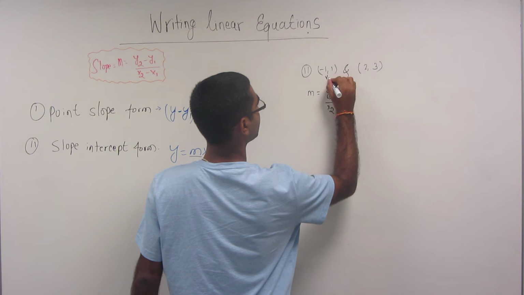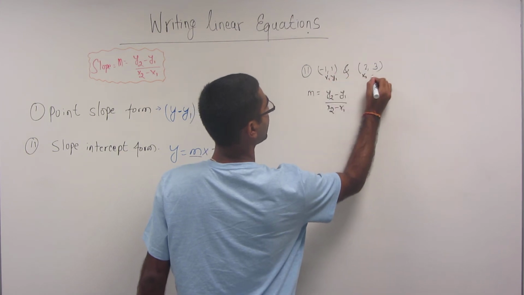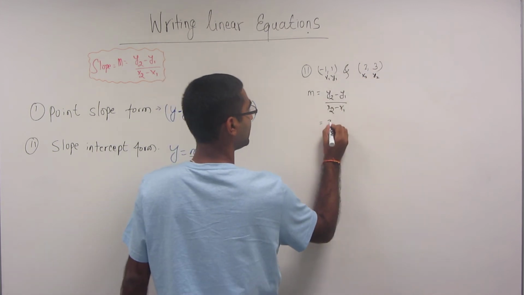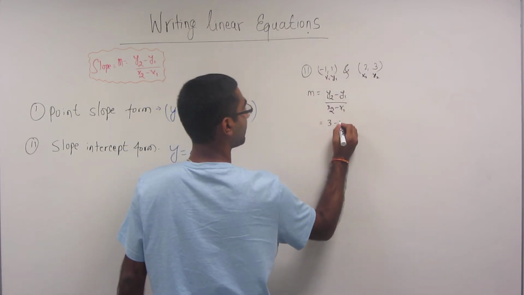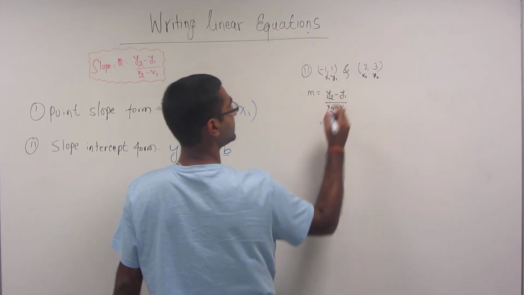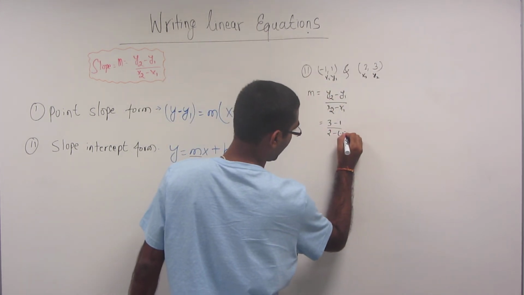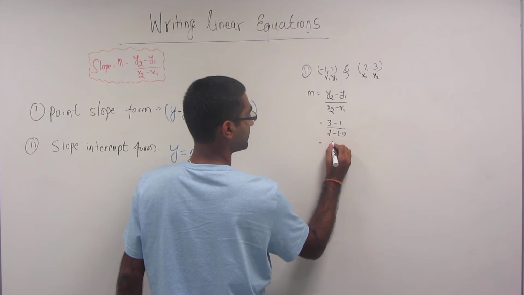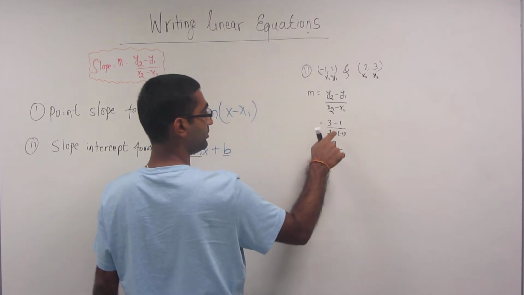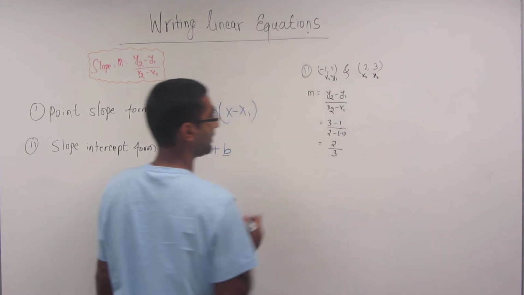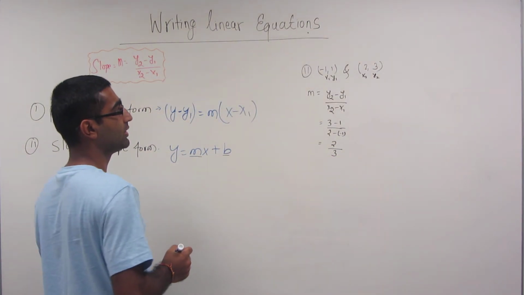Let's label this x1, y1, x2, y2. Now y2 is 3, y1 again 1, x2 is 2, and x1 is negative 1, so negative of negative 1 gives us 2 minus 1 over 2 plus 1. Minus of minus 1 is a plus 1, so 2 plus 1 would be 3. Our slope is 2/3. Okay?